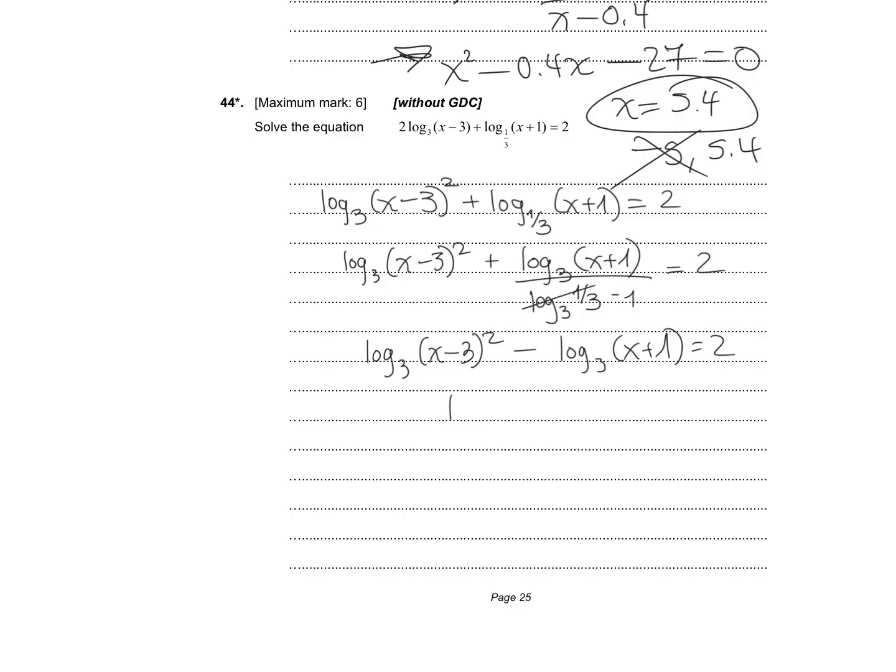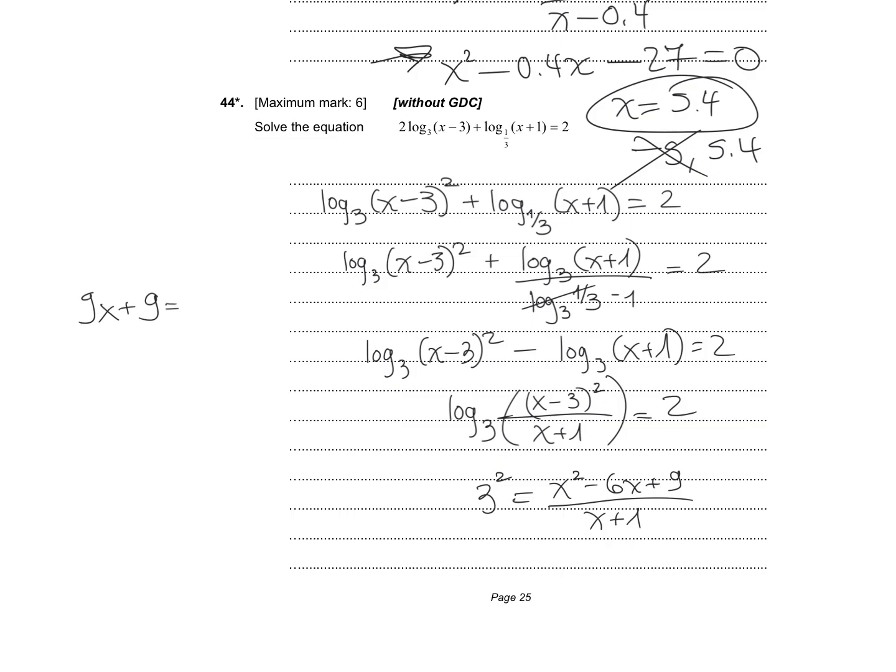And getting those together, we are dividing. So it's going to be x minus 3 squared over x plus 1 equals 2. And then we're going to have 3 squared equals, when we write it exponentially, I'll expand that out. That's x squared minus 6x plus 9 over x plus 1. So we're going to have 9x plus 9 when we cross multiply equals this.